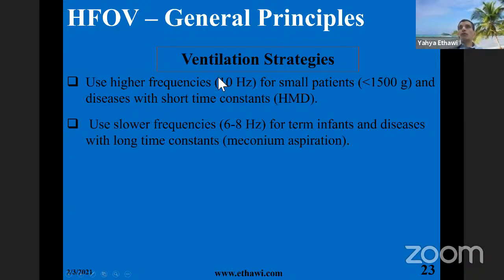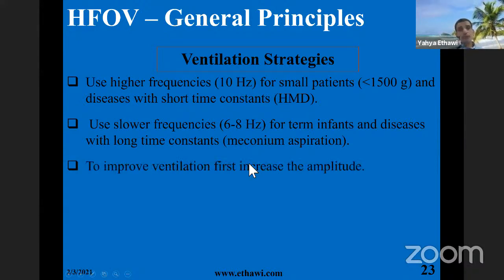The more homogeneous the disease, the higher the frequency should be. The bigger the baby, the more term the baby, the lower the frequency should be. The more non-homogeneous the disease, the lower the frequency should be. To improve ventilation, we need to increase amplitude.